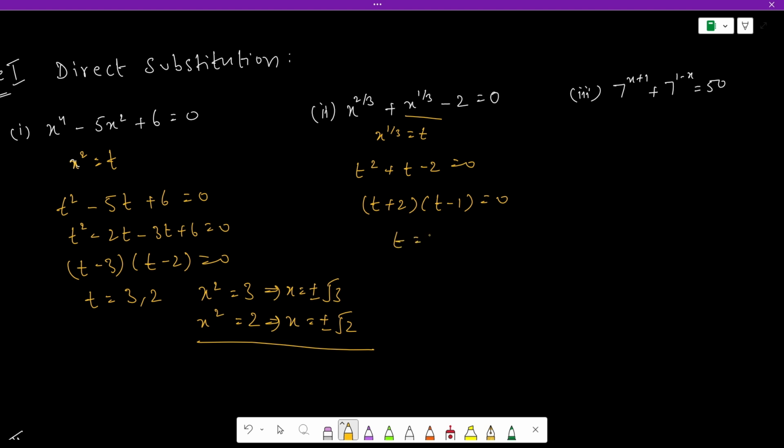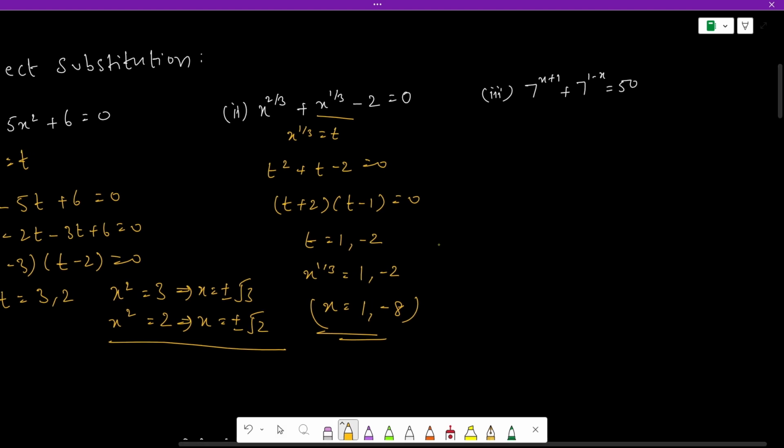So we get t equals 1 and minus 2. Therefore x raised to the power 1 by 3 equals 1 and minus 2. So x equals 1 and minus 8. Just cube both sides.